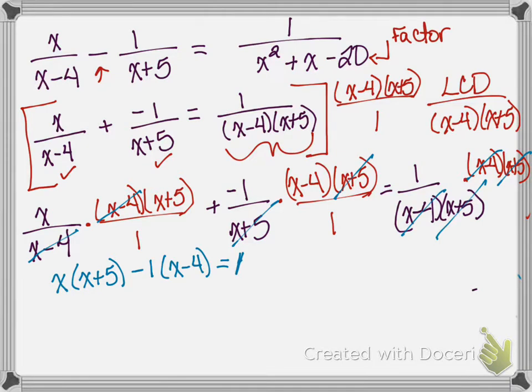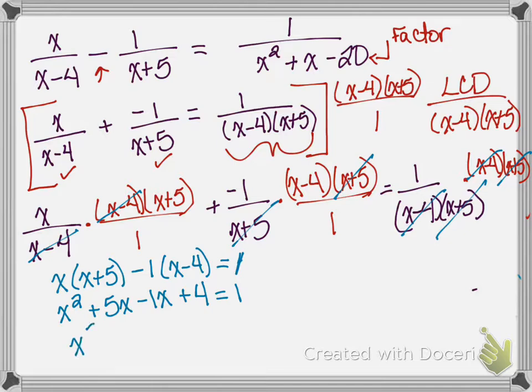Now I'm going to simplify. x times x is x squared. x times 5 is 5x. Negative 1 times x is negative 1x. Negative 1 times negative 4 is positive 4. Okay, so now I've got some like terms.